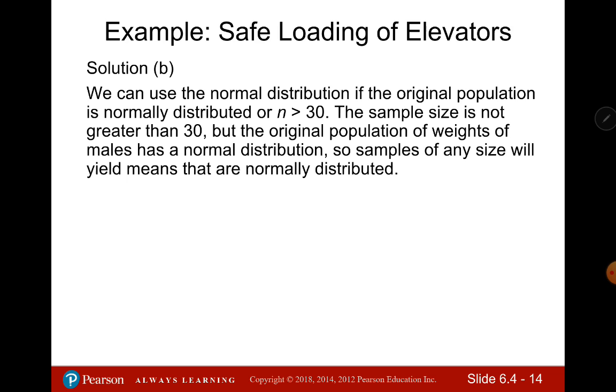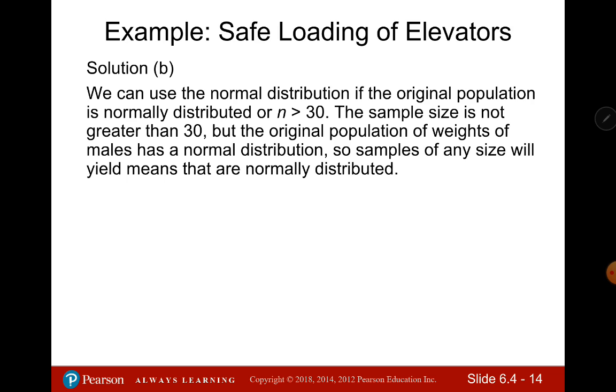So here we quickly test the requirements, because from the original description of the problem, we know the original population, the weight of adult males, follows a normal distribution. Remember the requirement of the central limit theorem. If the population is a normal distribution, then any sample size will be okay.